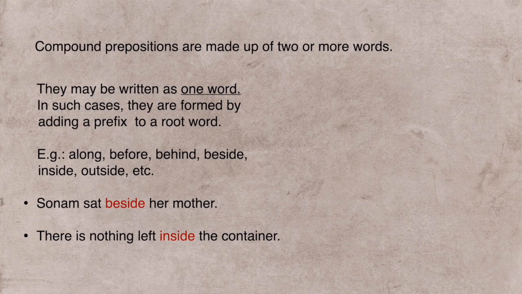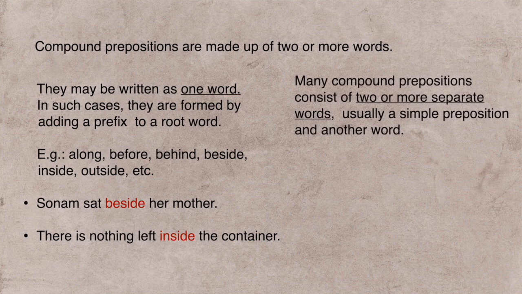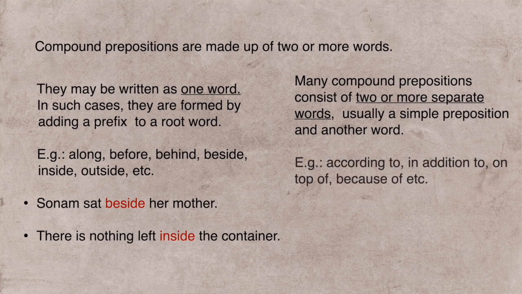Now we have some other compound prepositions which consist of two or more separate words, usually a simple preposition and another word. For example, you have according to, in addition to, on top of, and because of. You can see that in according to, you have the preposition to added to the word according, and you have two words there.